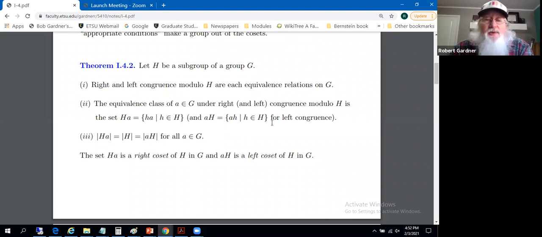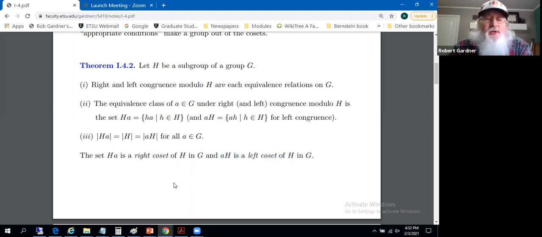So the claim is these are the two congruence classes, and the final claim in this theorem is the cardinality of HA is the same as the cardinality of subgroup H is the same as the cardinality of A capital H, this holding for all elements A of G. And to get the word out, a definition snuck in here as well: subgroup H times element A on the right is called a right coset of H in G. A times subgroup H is called a left coset of H in G. So there's formally the definition of cosets.